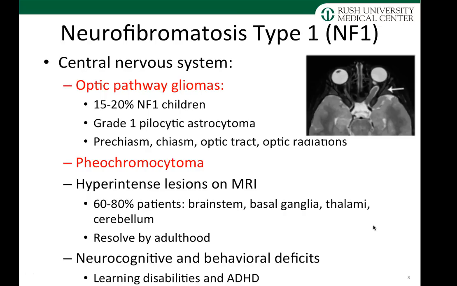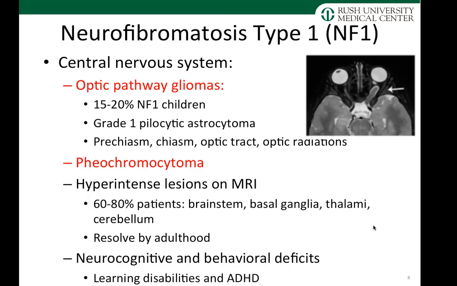This is a grade 1 pilocytic astrocytoma, and it can occur anywhere along the optic pathway, from prechiasm to chiasm to optic tract or optic radiation, all the way back into the cortex. Actually, you guys have not yet had your visual pathway lectures, so you may not know where all these locations are, but just know that the optic pathway gliomas are associated with NF1.